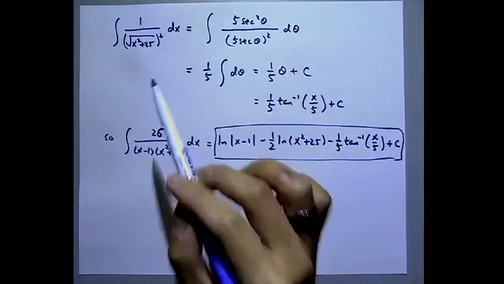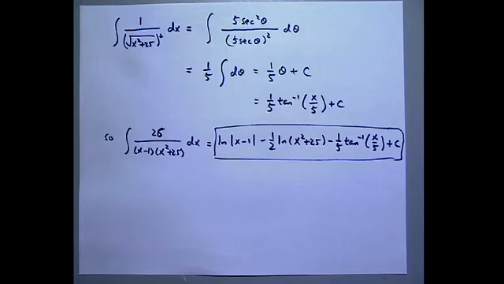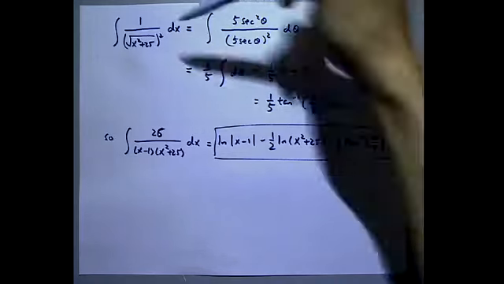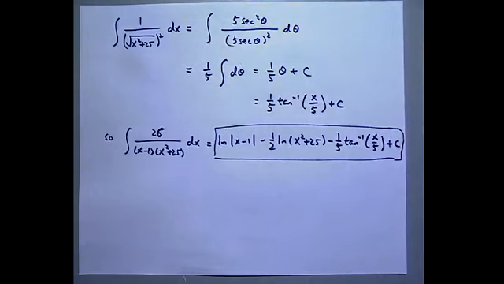But if the irreducible quadratic is repeated, we may not have it. But when it's not repeated, we always have at least one. Okay, good with case 3? Question?